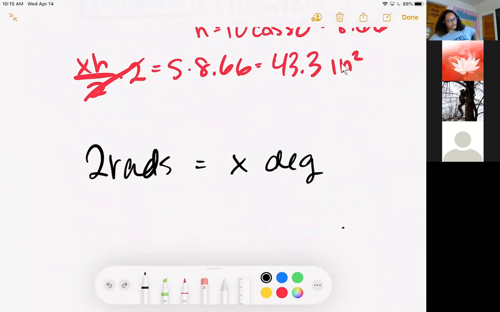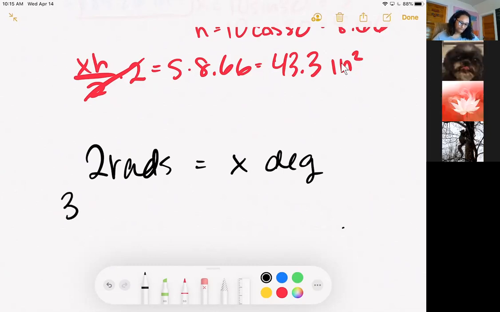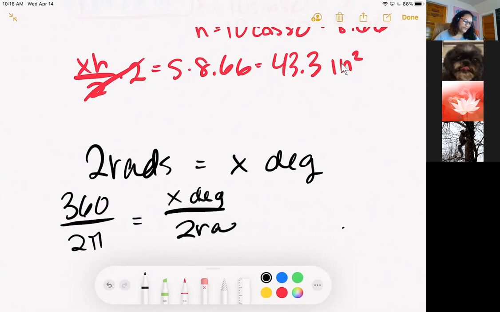Who can help? What's the conversion rate? 360 over 2 pi is equal to x over 2 radians, or x degrees over 2 radians.